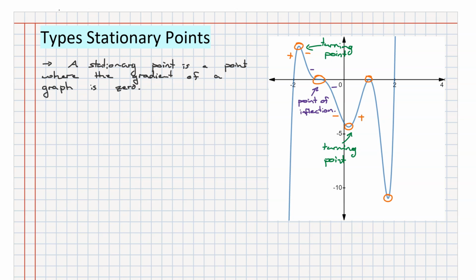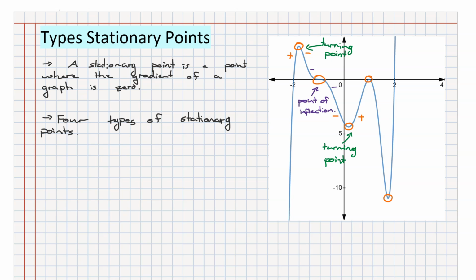So, classifying these types of stationary points, as I mentioned, we have types of stationary points, and what we're going to find is that we have 4 types. The first ones we'll go for are the turning points.